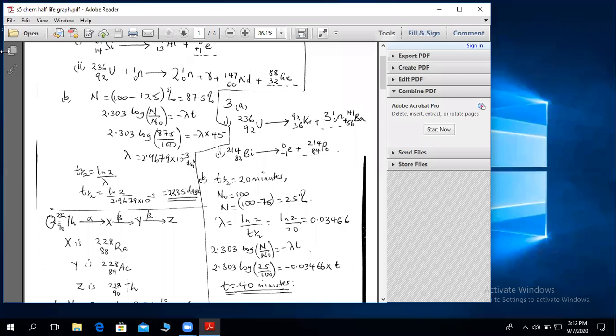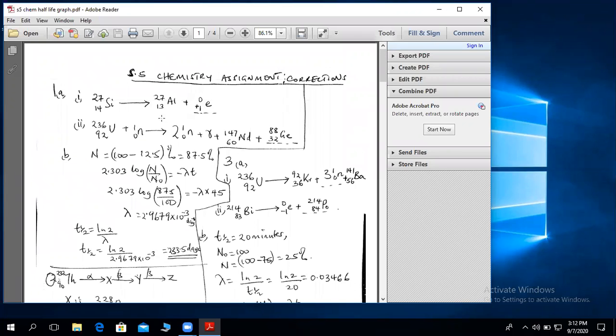So let us go to part B. Part B was asking, it had given you, I don't have the question here, but you can look at it. It had given you 12.5% as the amount of the element that had decayed.